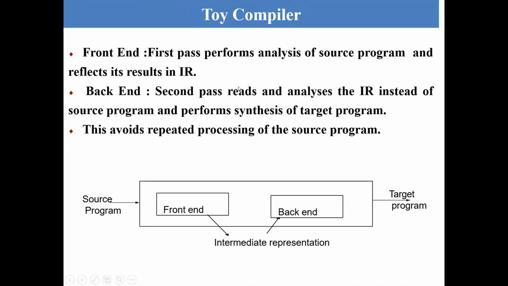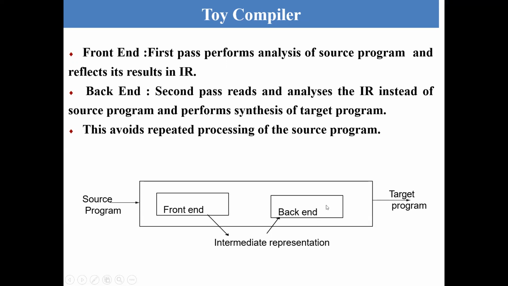Right? So now we will see one toy compiler. All these things we have considered are related to the compiler itself, but we will go into detail with this toy compiler. Right? So the front end. Now you know the front end is pass one, the analysis phase. The input to this is the source program and it reflects its results into the IR.